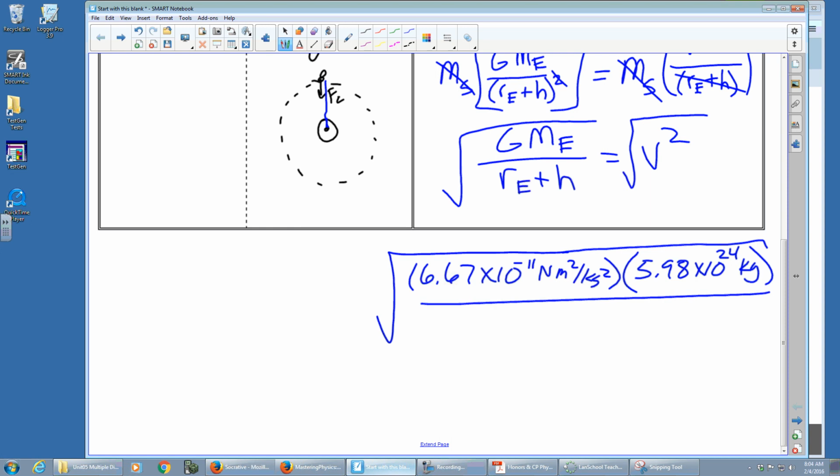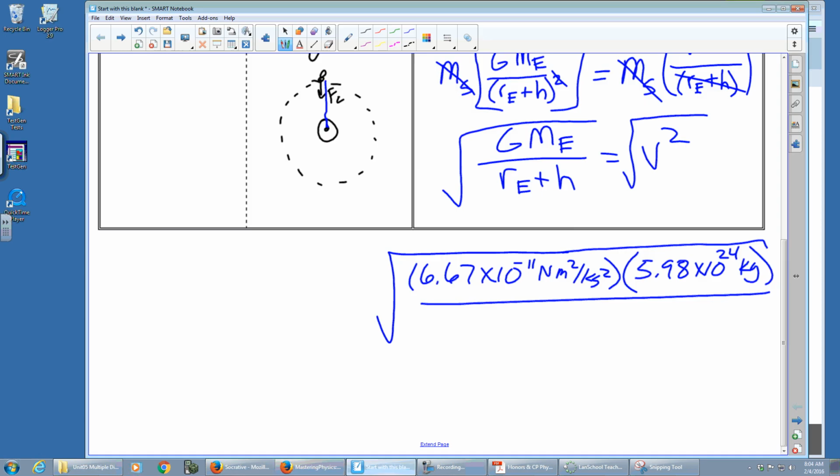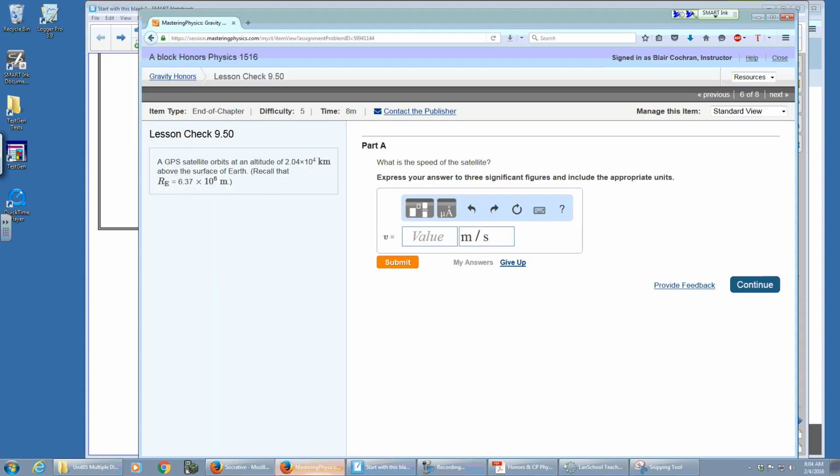Radius of the Earth. Well, that was given to me in the problem, wasn't it? They want me to use 6.37 times 10 to the 6th meters, plus the height above the planet, or the altitude, which for me is 2.04 times 10 to the 4th kilometers.